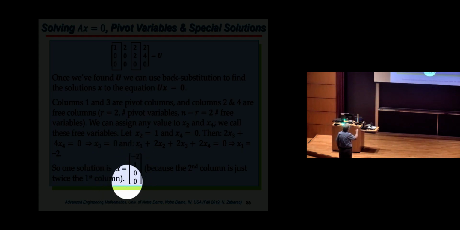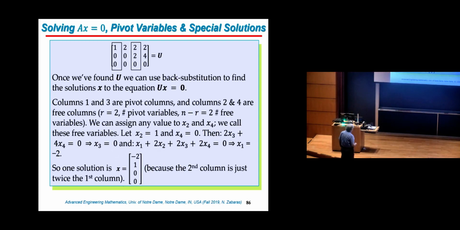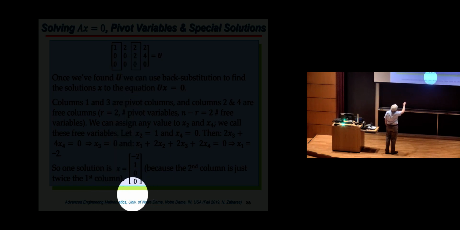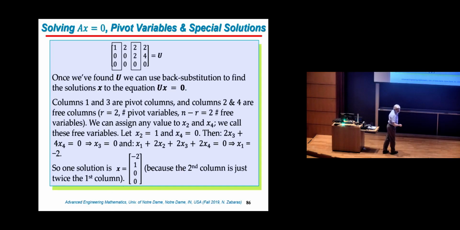Okay? So one solution to Ax equal to 0 is given by this vector. Minus 2, 1, 0, 0. Where did this 1 come from? By setting one of the free variables equal to 1. We set one of the free variables, which is variable x2, equal to 1, and the other variable, variable x4, equal to what? To 0. And we solve for the rest. Okay?